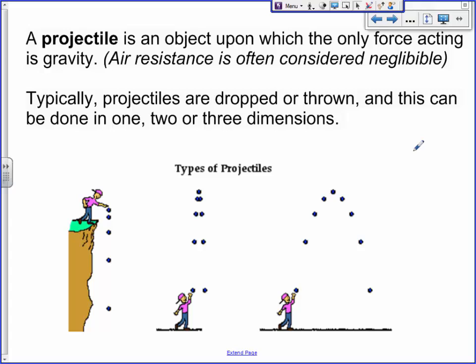Anybody ever watch really any outer space movie? Like I'm thinking of the one called Gravity, or say The Martian or something like that, where they're in outer space, right? And there is no gravity. Once you're in motion, when there's no gravity, you're going on a straight line for forever. You know what I'm talking about here?